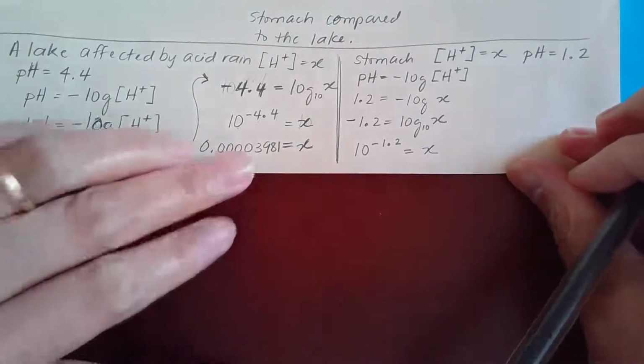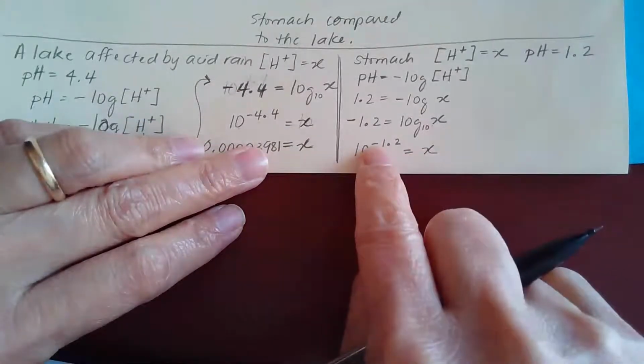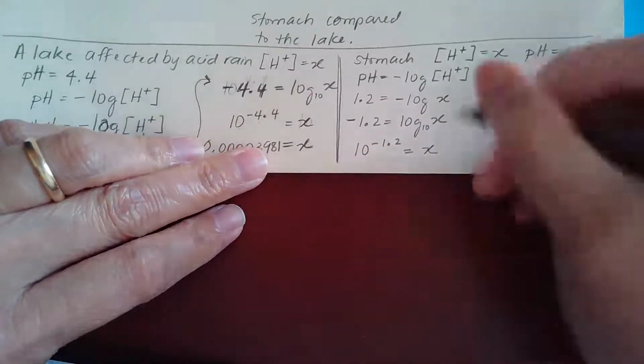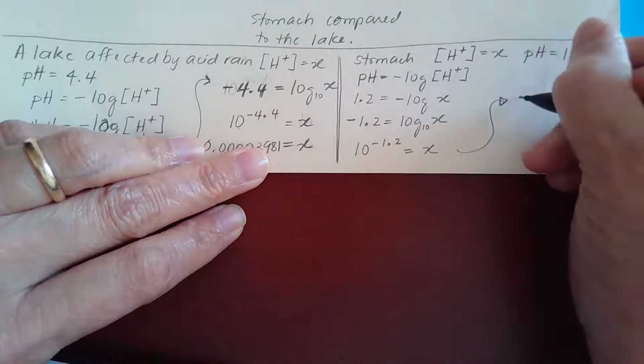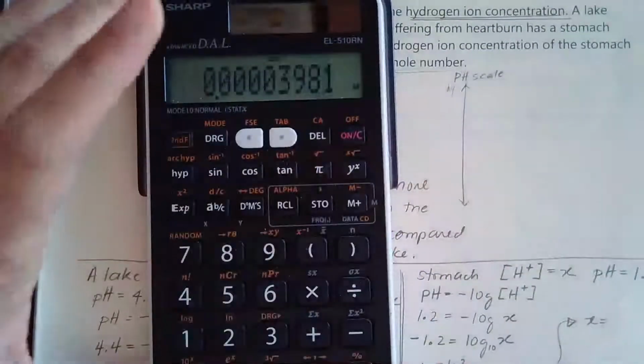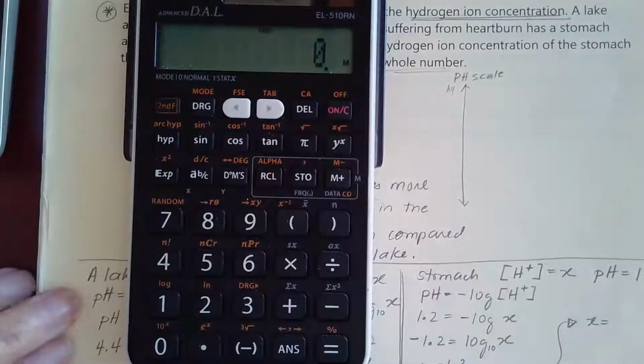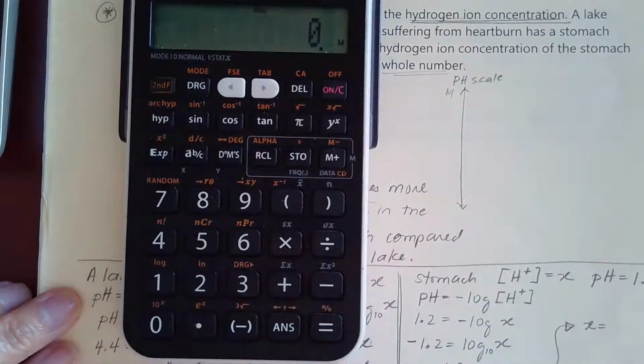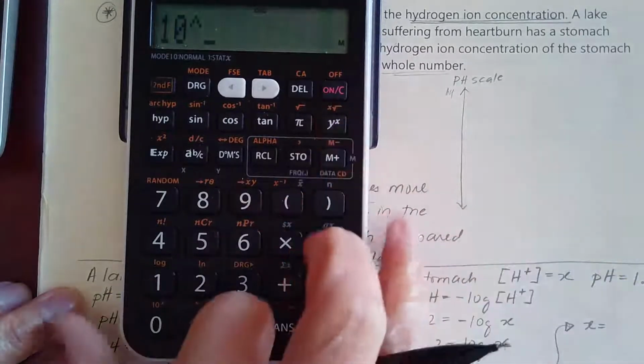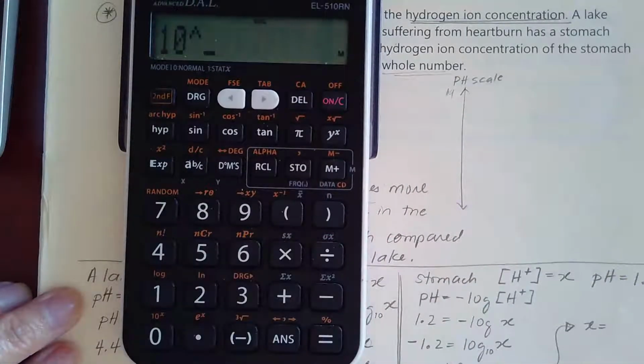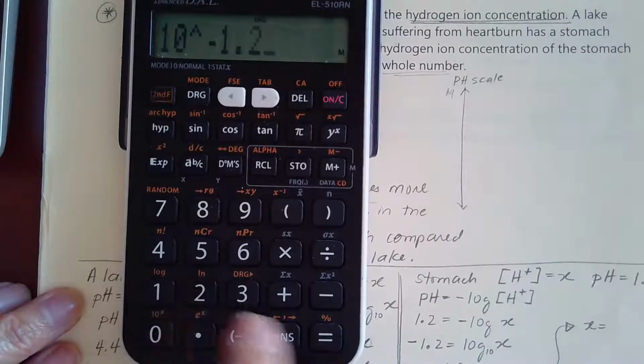Okay. And then this is just a matter of typing into our calculator. So X is equal to, and then we're going to get a decimal there. So let's go ahead and calculate that. So 10 to the exponent of negative 1.2.